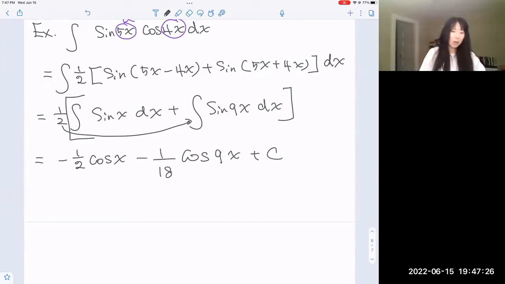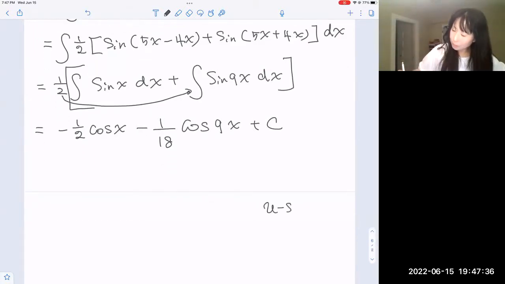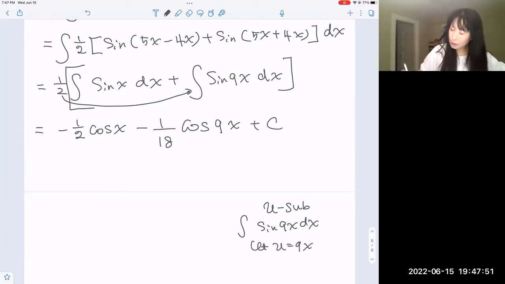All right, good job. I'll do one more time. We have sine 9x. Then let u equal 9x. du is 9 dx.